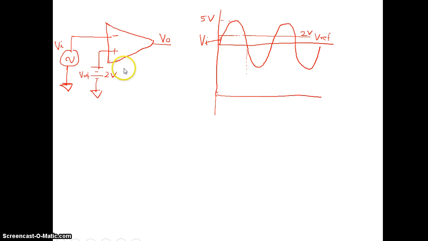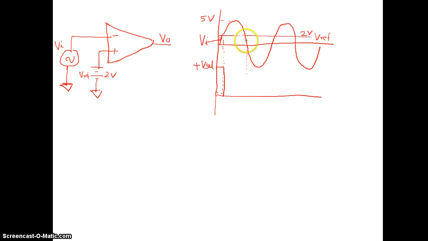2 volt is on the plus side. So till here, the 2 volt is higher than the sine wave. Till that point, the non-inverting voltage is higher, so it should be plus Vsat. Now see here, the sine wave is higher than 2 volt. The sine wave is at the inverting terminal, so the minus voltage is higher.